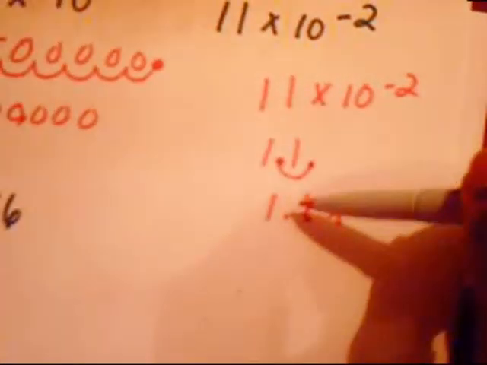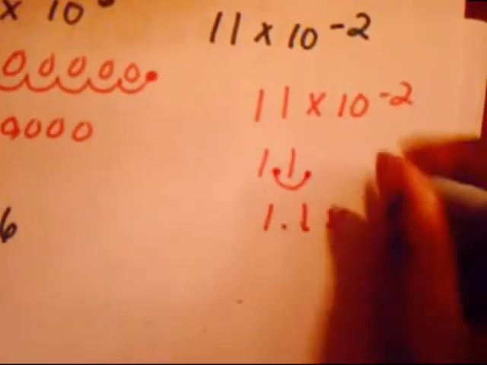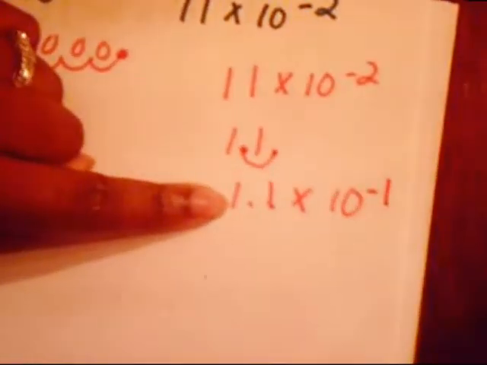So I need to add the one space that I moved from 11 to make this 1 bigger. What's 1 bigger than -2? Don't say -3. It's -1. So when you make your base smaller, you make your exponent bigger. So it will be just the opposite the other way around.